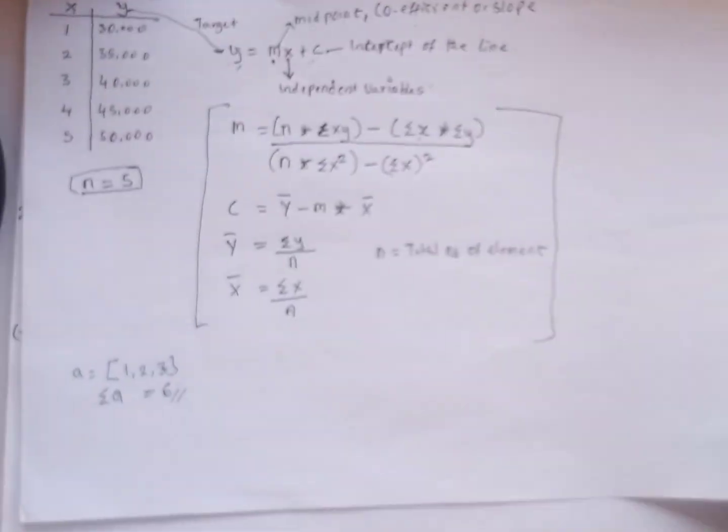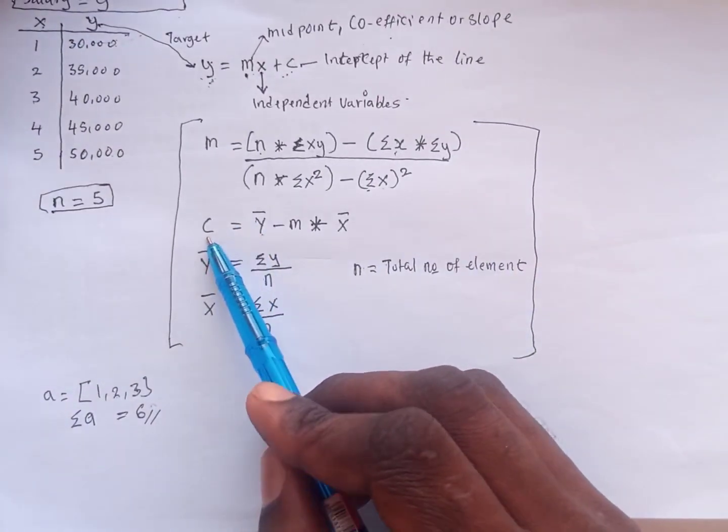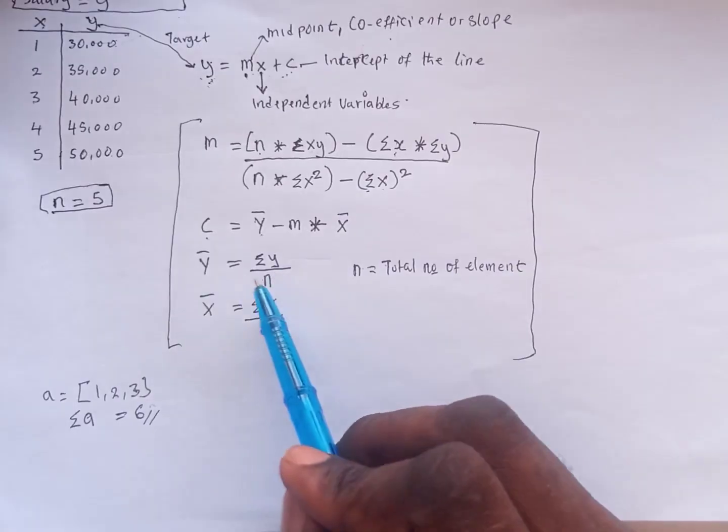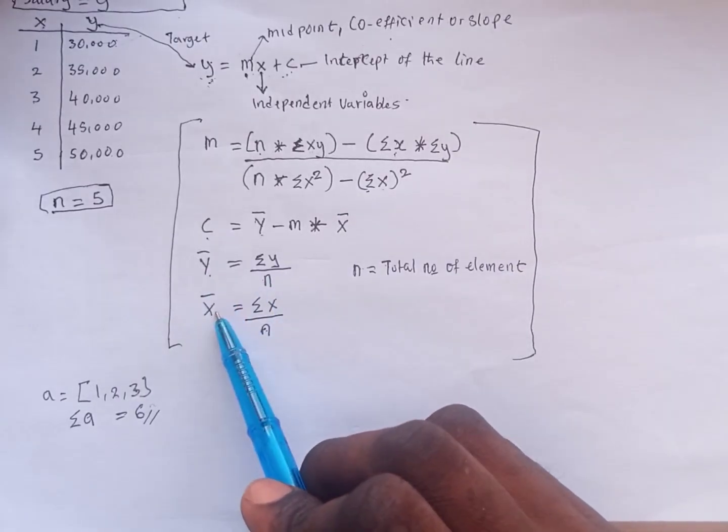Now we can head over to calculate our c. When we look at our formula, we still have some other things to calculate. To find our c, we need to make use of y bar and x bar.